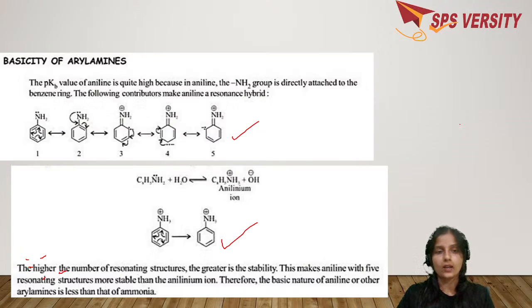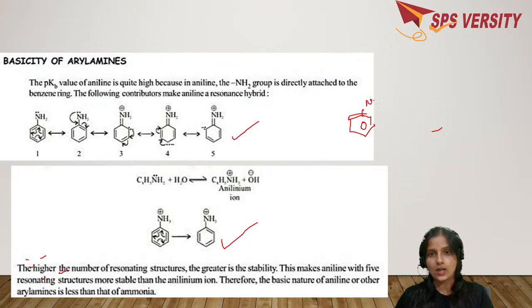And also, the presence of electron withdrawing groups affects the strength. For example, if you have aniline with an NO2 group attached to it, NO2 is an electron withdrawing group, so it withdraws the electrons from the ring. We are speaking about the basic strength. NO2 is the electron withdrawing group, so that decreases the basic strength.